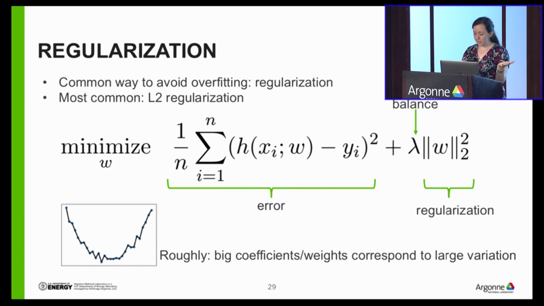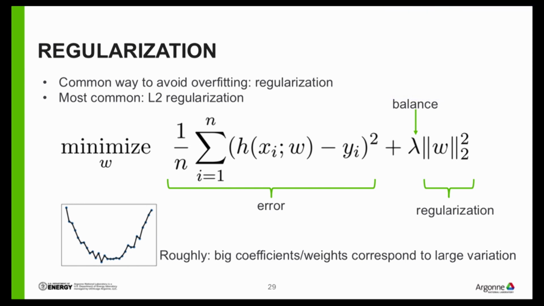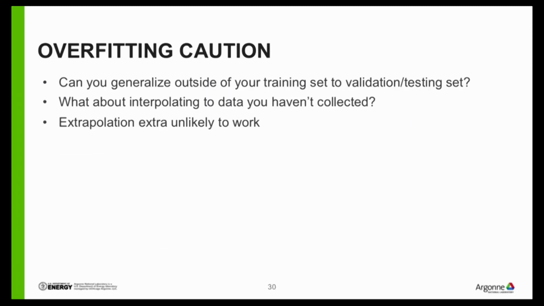So roughly, if we make lambda big, then it discourages large weights. And this somehow helps avoid overfitting. The idea is that big coefficients lead to high variance, and then really overfitting your data. And there are a lot of other ways to do regularization, but this is the most common one.